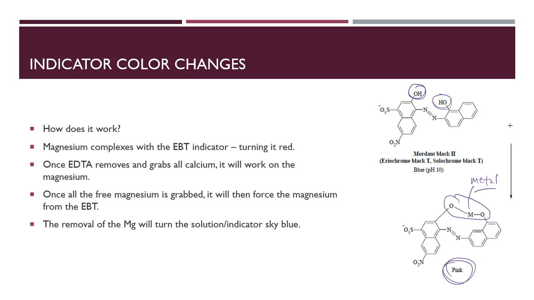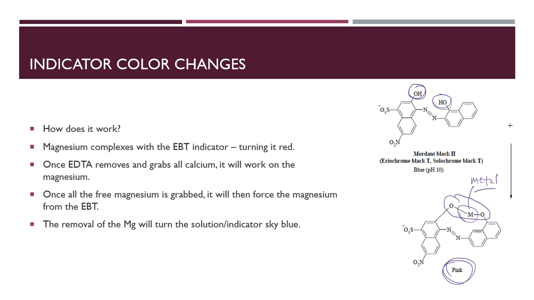And over time, EDTA is getting added into the solution. So Eriochrome Black T has gathered some of the magnesium and some of the calcium that's out there, and it's made it pink. And then as EDTA is coming in, it's slowly chipping away little by little off the calcium and the magnesium. And sooner or later, the only metal that's left is in the indicator. Well, that calcium and magnesium is going to be ripped off of there by the EDTA molecule.